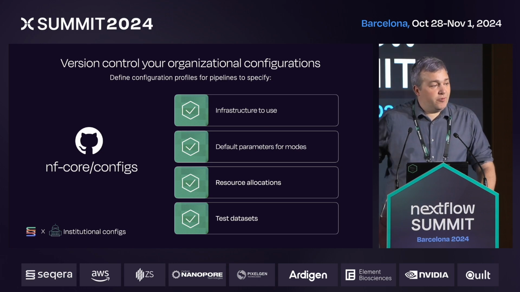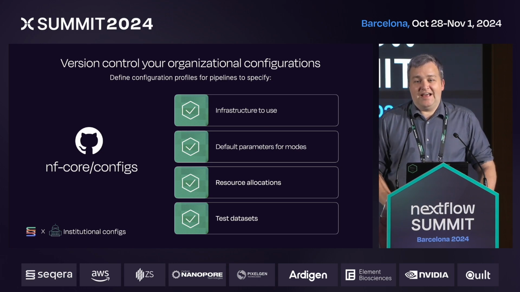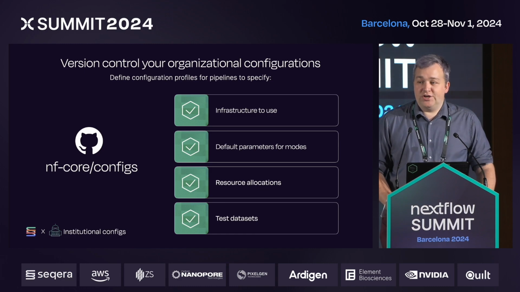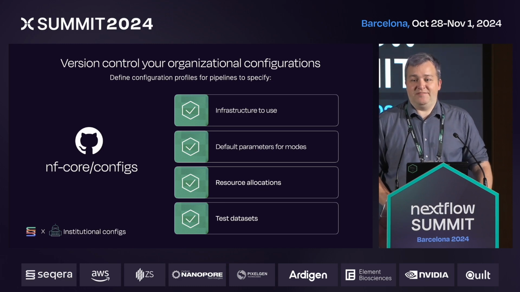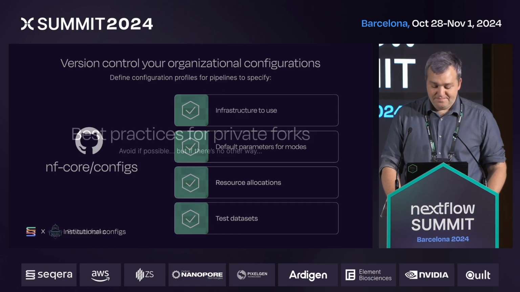And this is very well integrated into NF Core and makes it very easy for scientists who want to run NF Core pipelines to access the customized configurations of those pipelines that you want to make available within your organization.